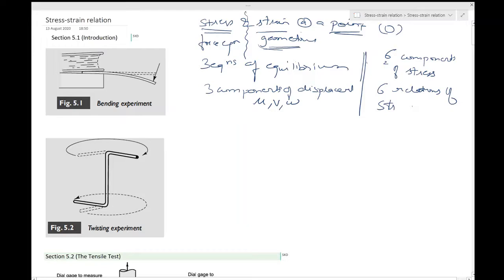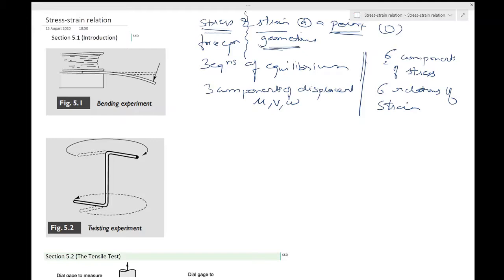The strain displacement relations were 6 of them. Again there are 9 components in total, but because of symmetry, the shear terms, you would have only 6 of them.